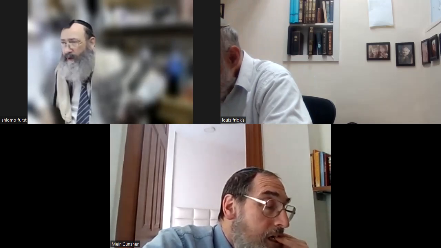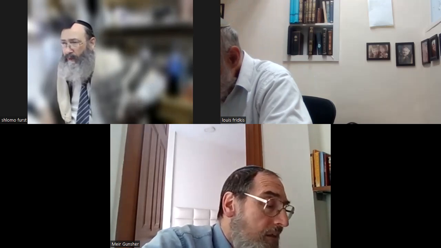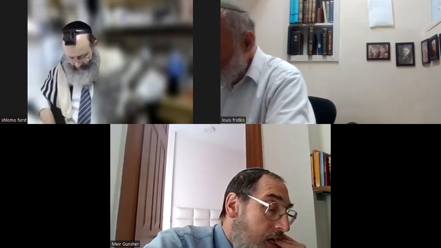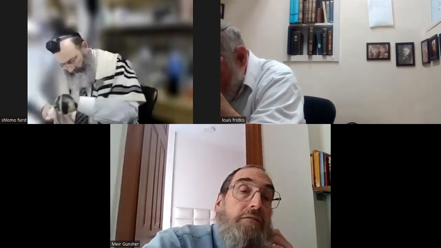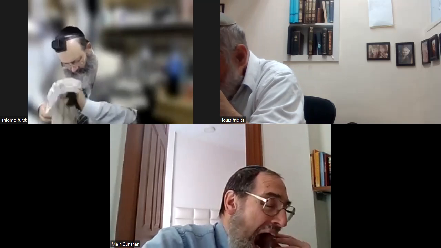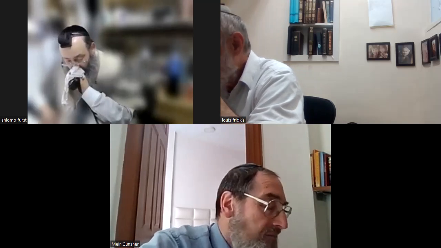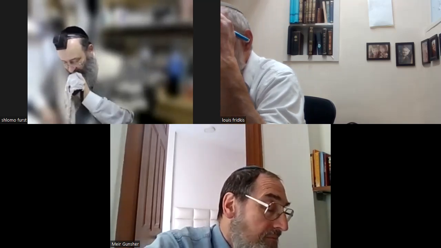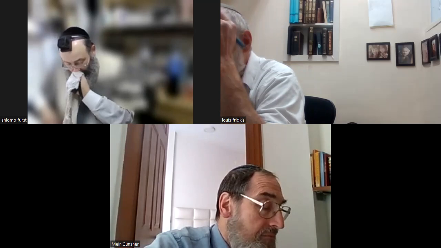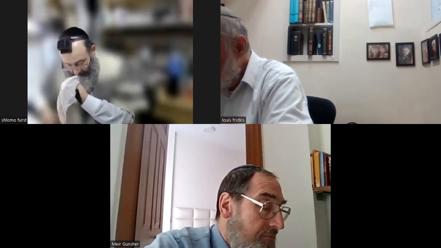If you would have a shadow being cast by the cross beams, and that shadow of the cross beams is not going to be a majority, so therefore that'll be kosher, as long as you have a majority of kosher skach on top of it. On top of the cross beams? Yeah, you have to have kosher skach on top of the cross beam.